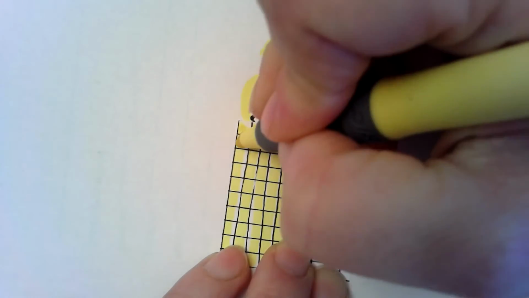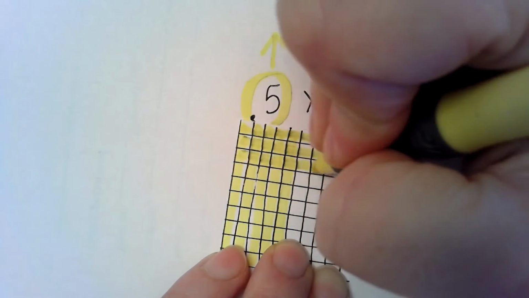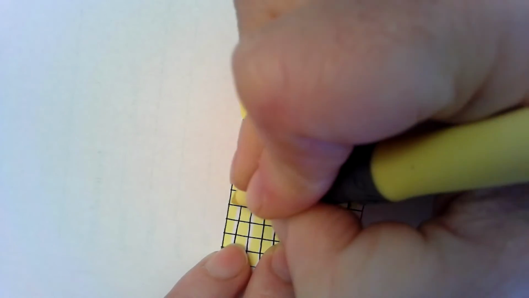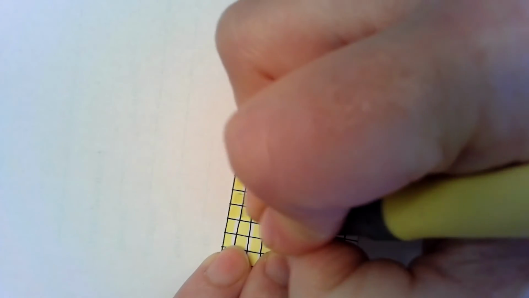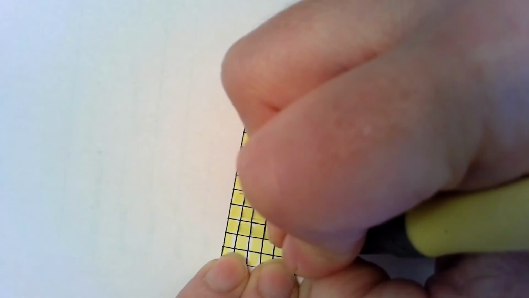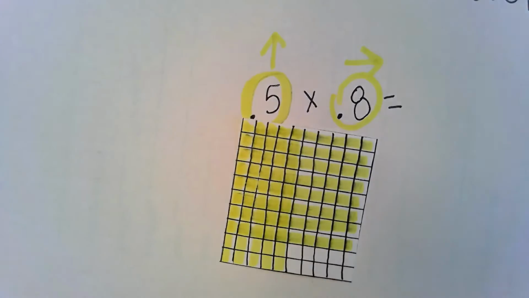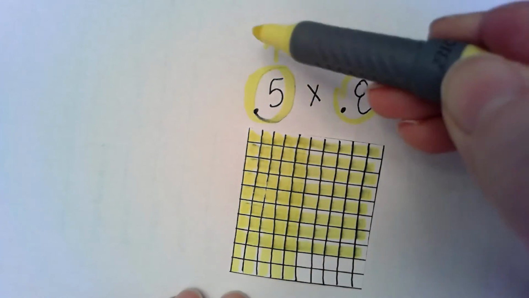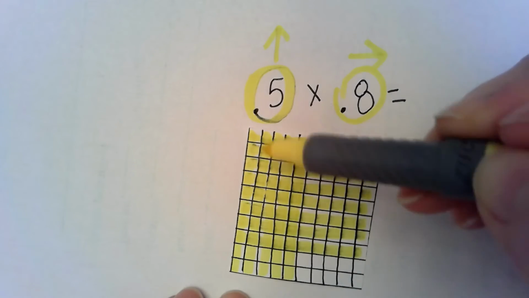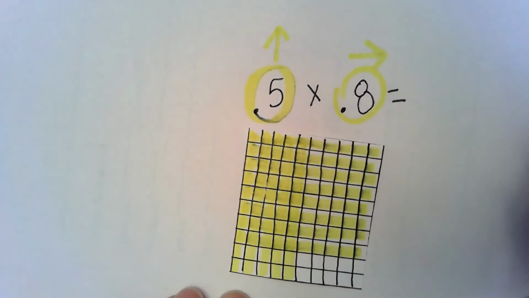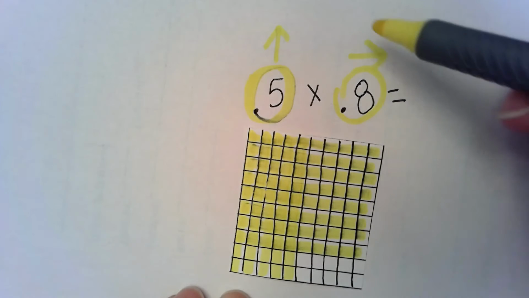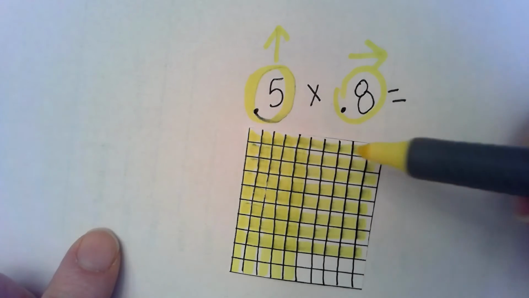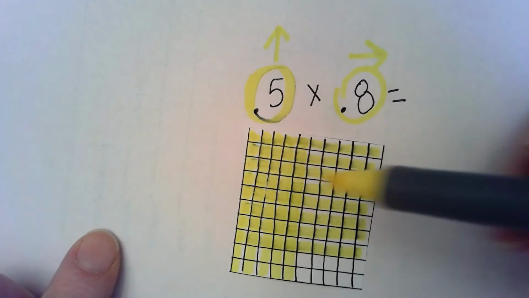I have 1 row, 2 rows, 3 rows, 4 rows, 5, 6, 7, and 8. Okay, so now we can clearly see that with our vertical columns, we have 5 columns that are highlighted. With our horizontal rows, the ones that lay on their side, we have 8 rows.